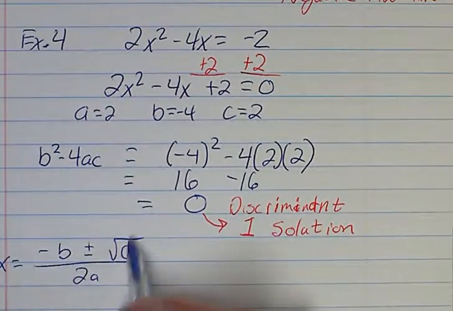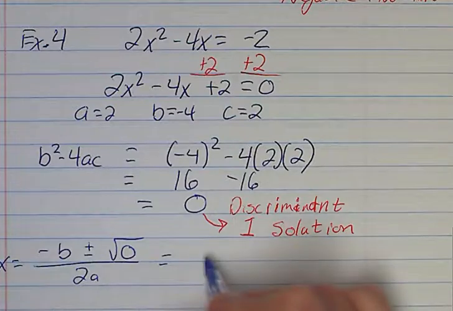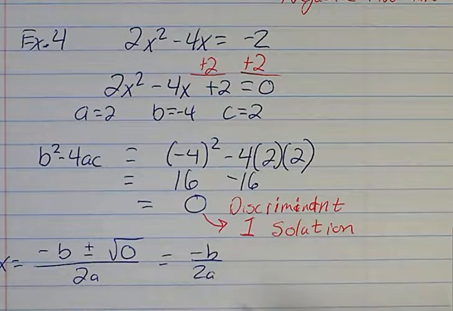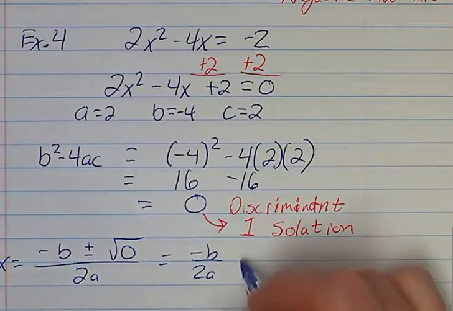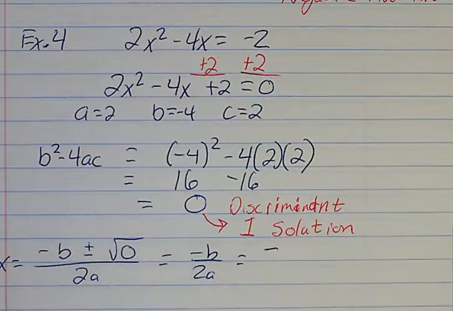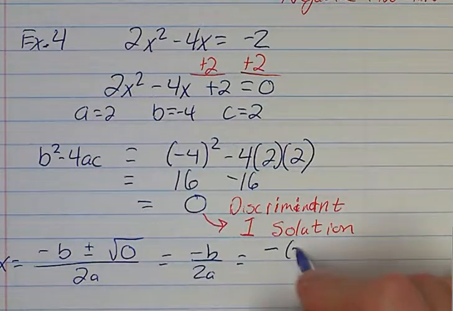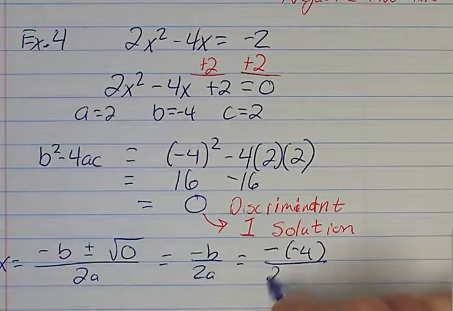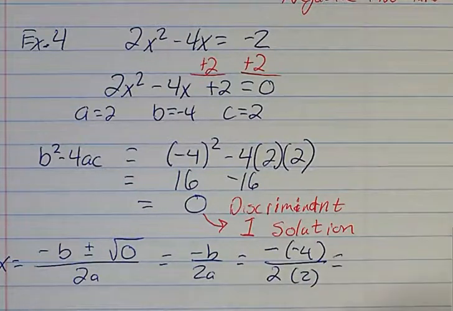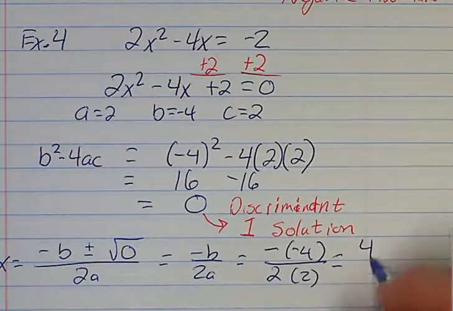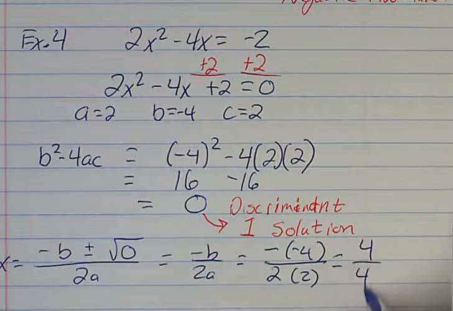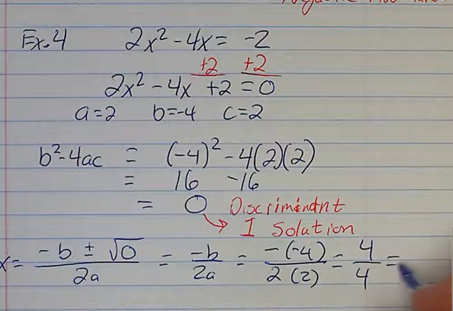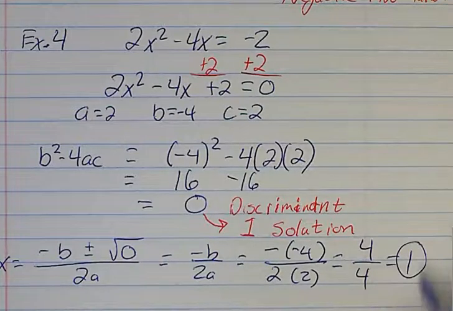We know this is going to be 0 on the inside, so it's gone. So the only thing we're left to do is the -b over 2a. So just be a little careful when you plug that in. The b was -4, so that's minus -4 over 2 times 2. So minus negative makes that a positive 4. 2 times 2 is 4. 4 over 4 is 1. So there's our one solution at x equals 1.